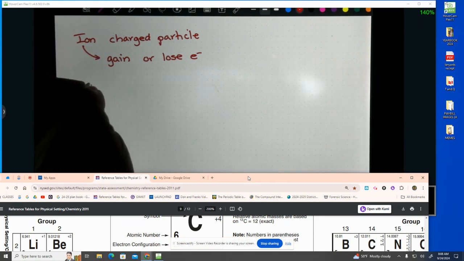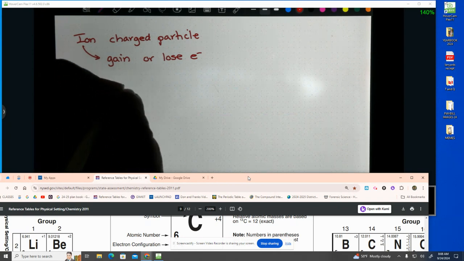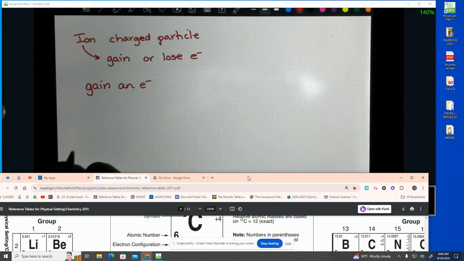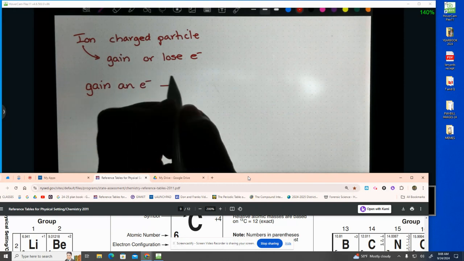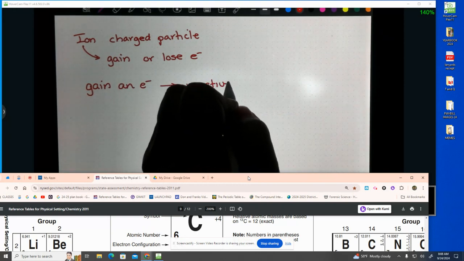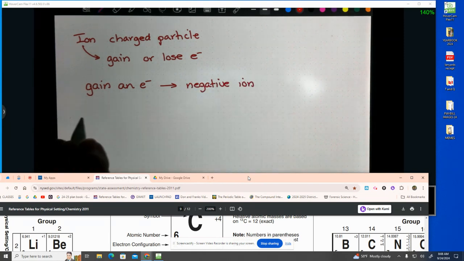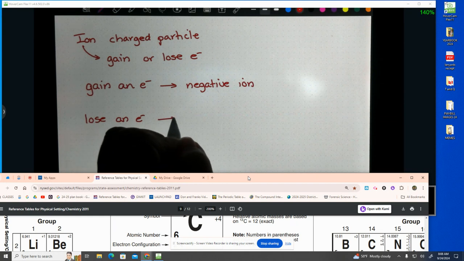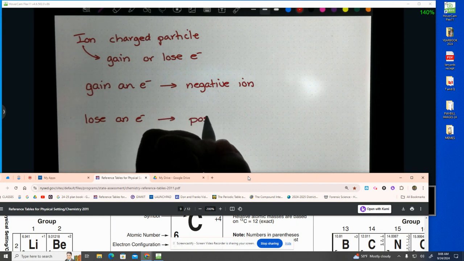When you gain an electron, you become a negative ion. When you lose an electron, you become a positive ion.